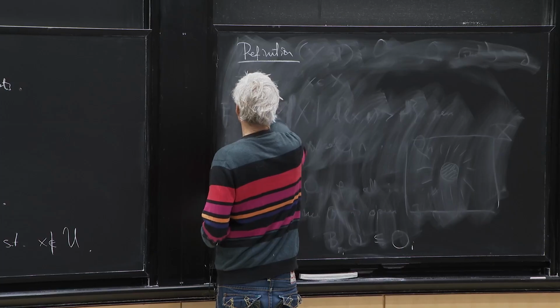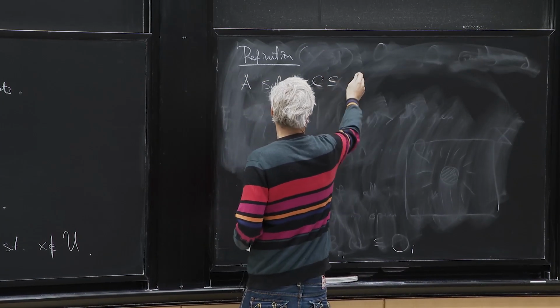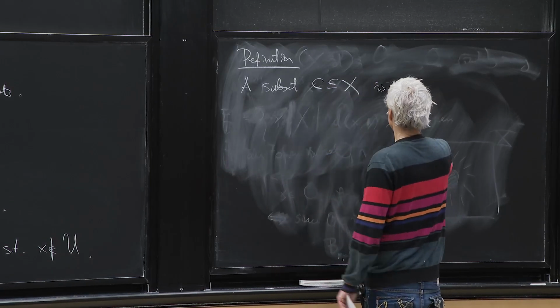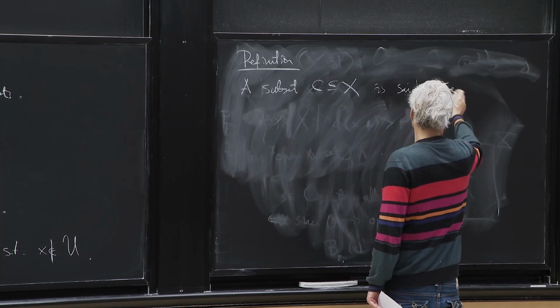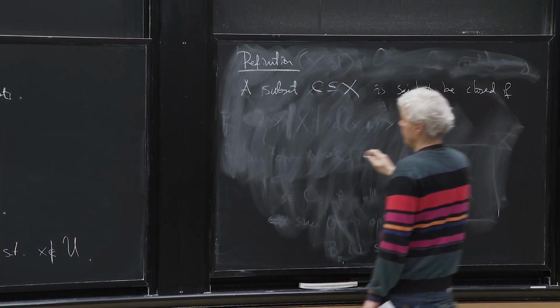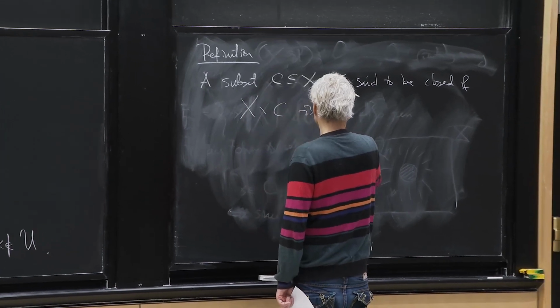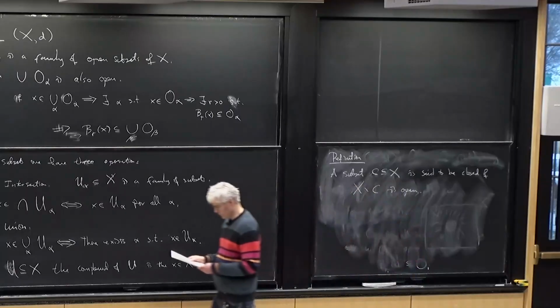So a subset C of a metric space X is said to be closed if the complement is open. So that's how you define a closed subset.